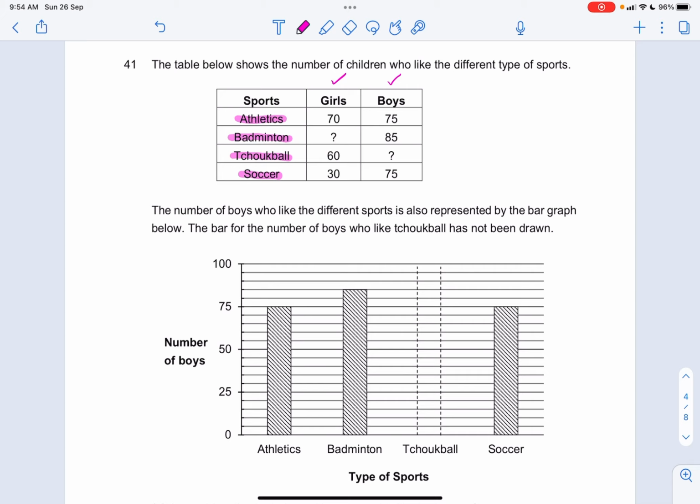Okay, so here below the graph, we see the number of boys who like the sports. Okay, boys. So we have 75 for athletics, 85 for badminton. Tchoukball is not shown, and soccer is 75.